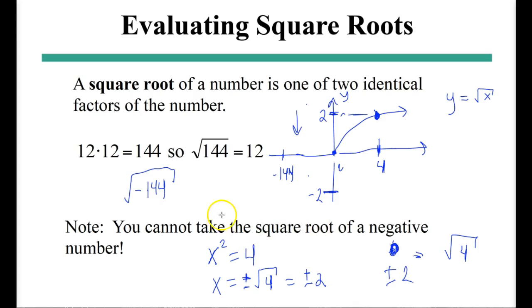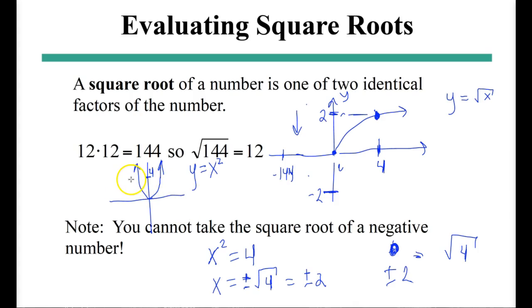The reason for that is how the graph of x squared looks. If I draw that quickly, x squared looks like a U. When you solve that equation, you're asking for the corresponding x values for the graph of the function x squared that have a y coordinate of 4.